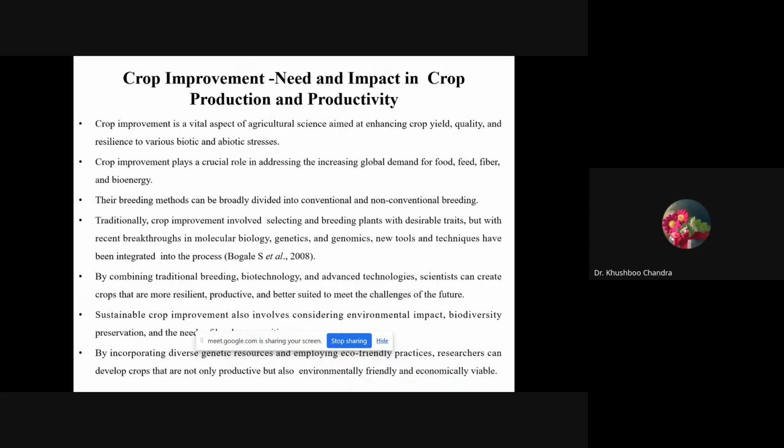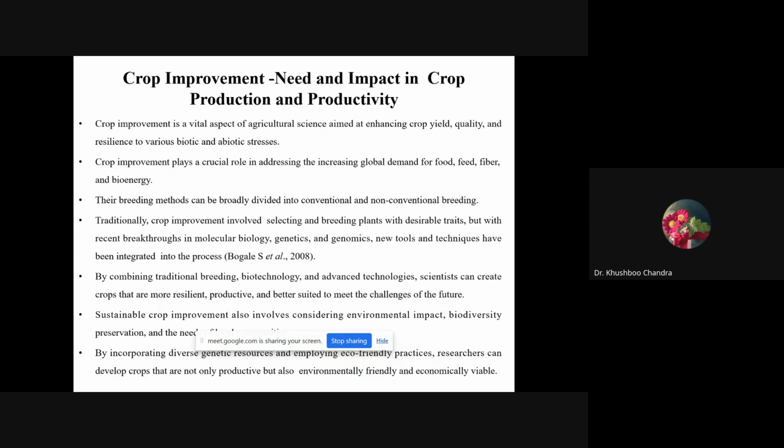Traditionally, crop improvement relied on phenotypic selection, but the recent advances in genetics, genomics and biotechnology have totally transformed the process we followed in the past and what we follow today in the modern world. Today we can combine conventional breeding with molecular tools to accelerate varietal development.